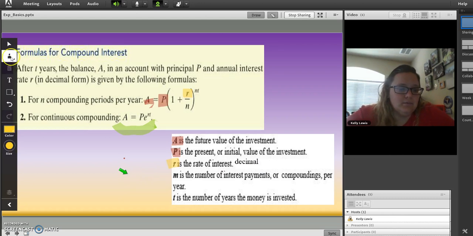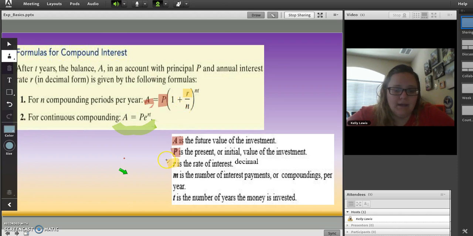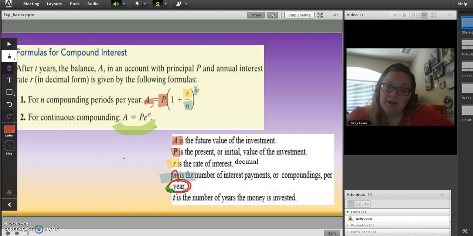N, I don't know why it says M right there, it should say N. N is the number of payments or compounds per year. So if it says 6 months, you need to change it to 1/2. And then T is the number of years.